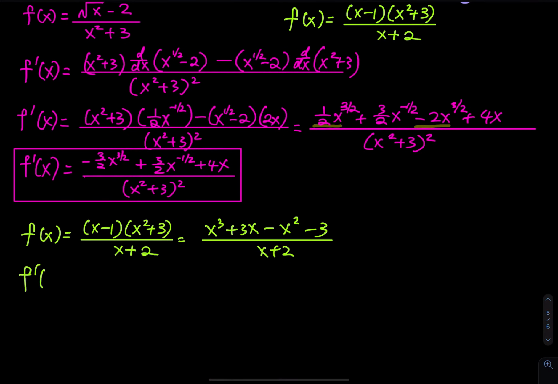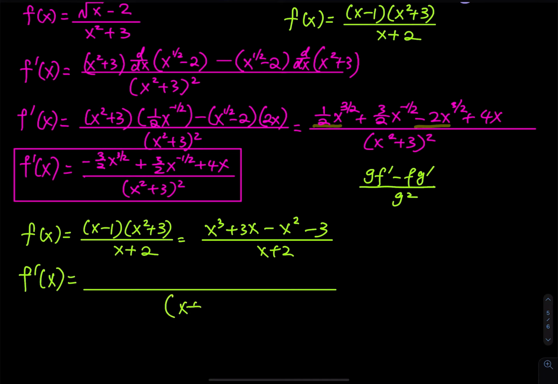So f prime of x, in case you don't remember what the quotient rule is, that is g f prime minus f g prime, divided by g squared. Square the denominator, (x plus 2) squared. You copy the denominator and then take the derivative of the numerator: x to the third plus 3x minus x squared minus 3.